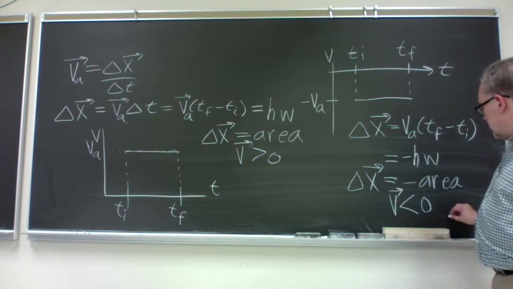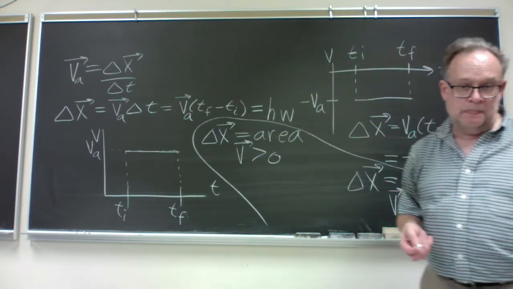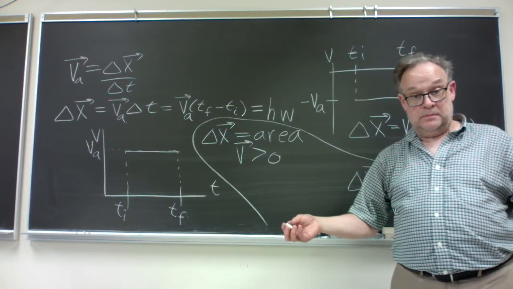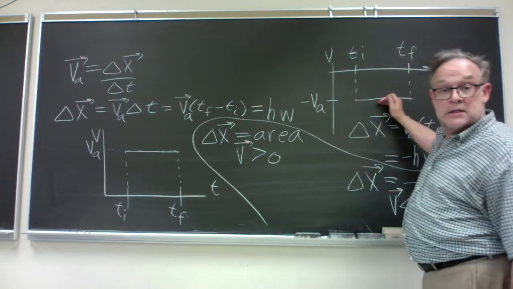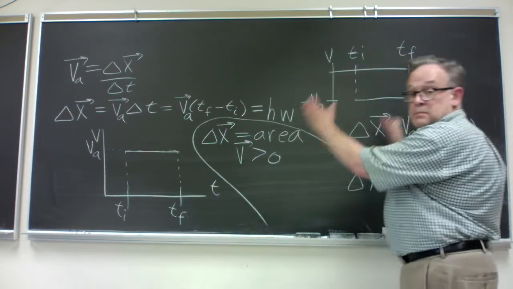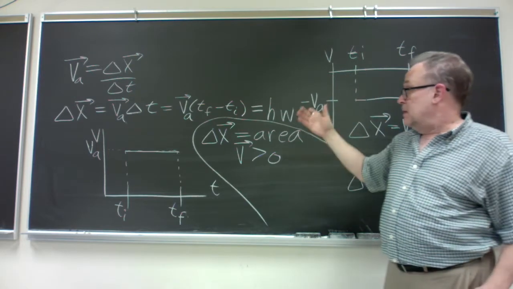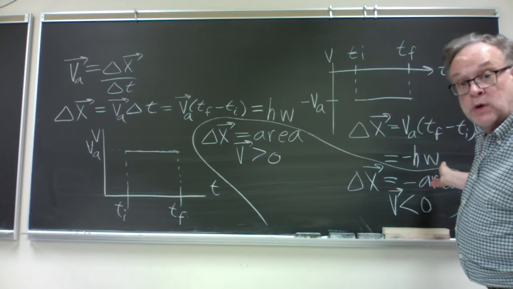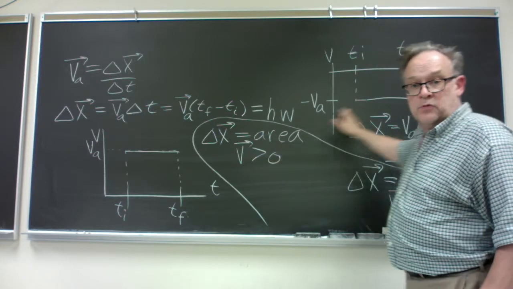But anyway, this is the important idea. It's a relationship between areas on a velocity graph and displacement. The area between the velocity line and the time axis, and between some starting and final times, is either equal to the displacement or minus 1 times that area is equal to the displacement, depending on whether the velocity is positive or negative.